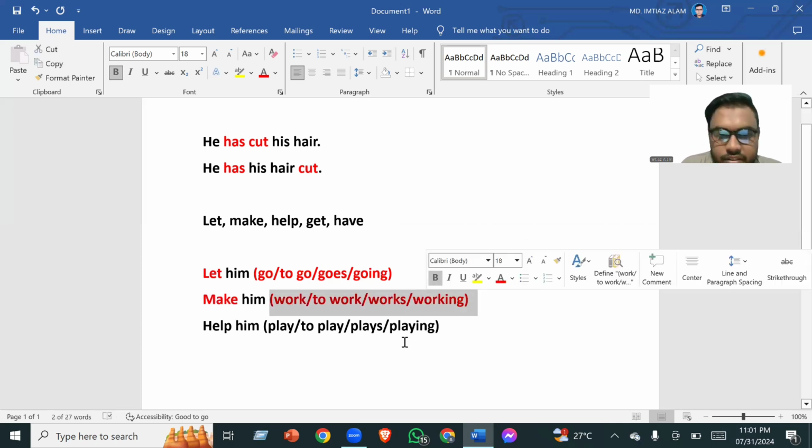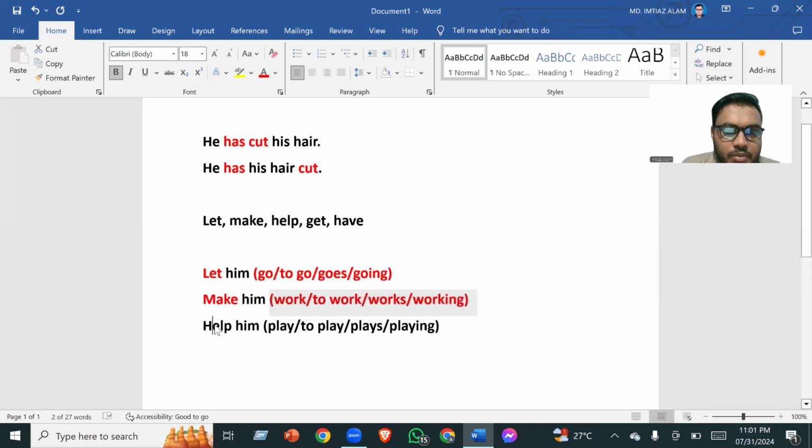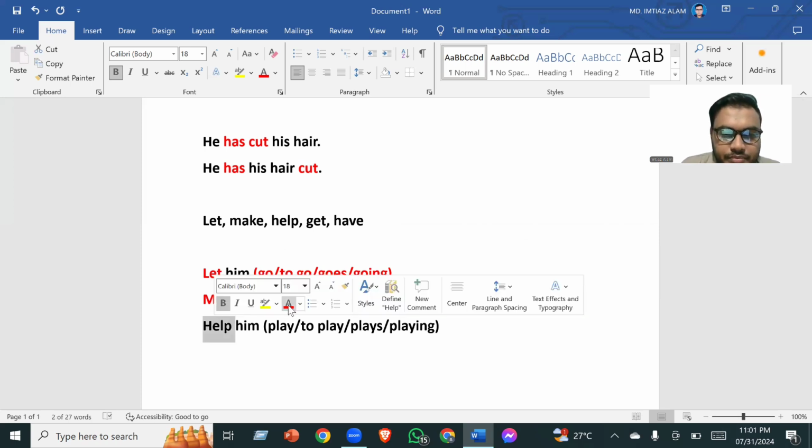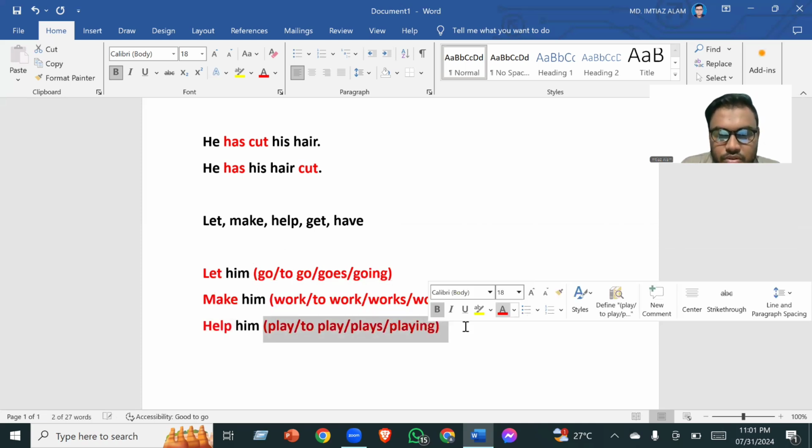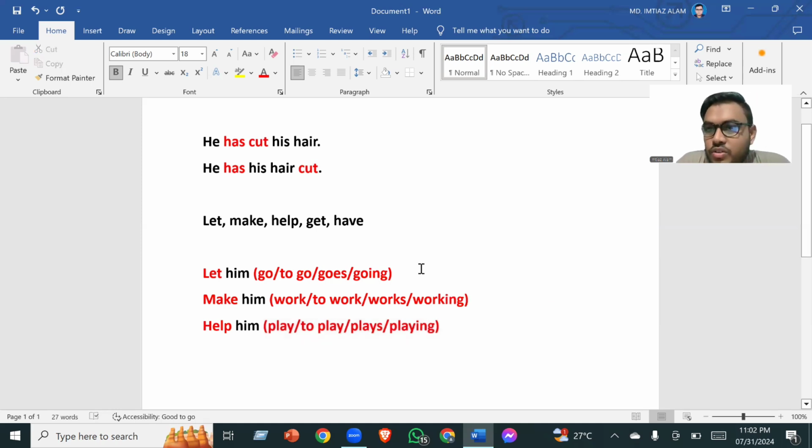Again, in the third sentence, help, of course, being the main verb, and these are the other verbs. So in these three sentences, between these two verbs, there is the object in between. And that's why these are all causative structures.